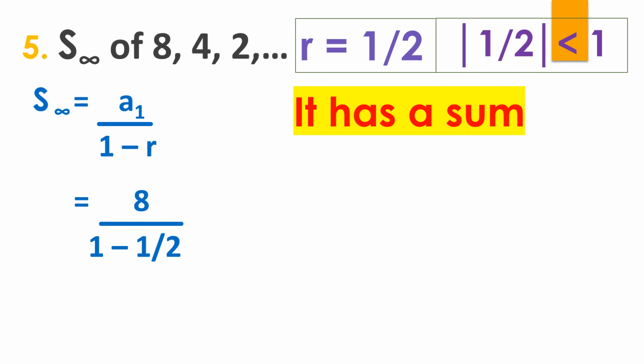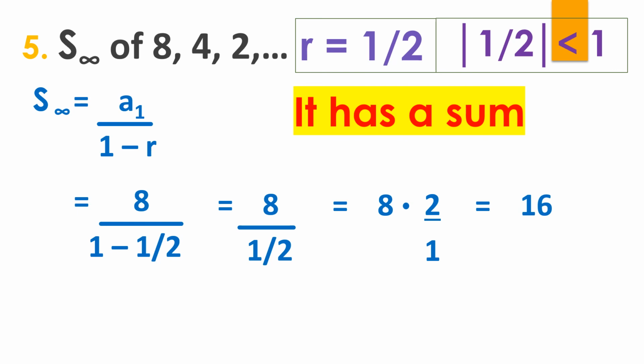We have 8, which is the first term, divided by 1 minus r, and that is 1/2. So this is equal to 8 divided by 1/2, which is equal to 8 times the reciprocal of 1/2, that is 2/1. So the answer is 16. Therefore, the sum to the infinity of 8, 4, 2 is equal to 16.